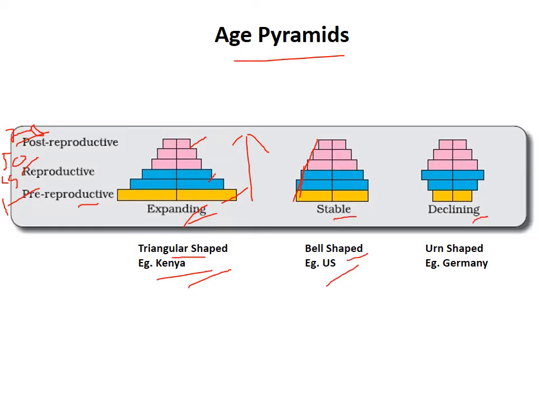Then the declining population, where the reproductive age is much more than the pre-reproductive age, or the young population is very small compared to the reproductive or old age population, then the population will decline. This is urn-shaped. For example, Germany, Italy, Japan are examples of this declining population.